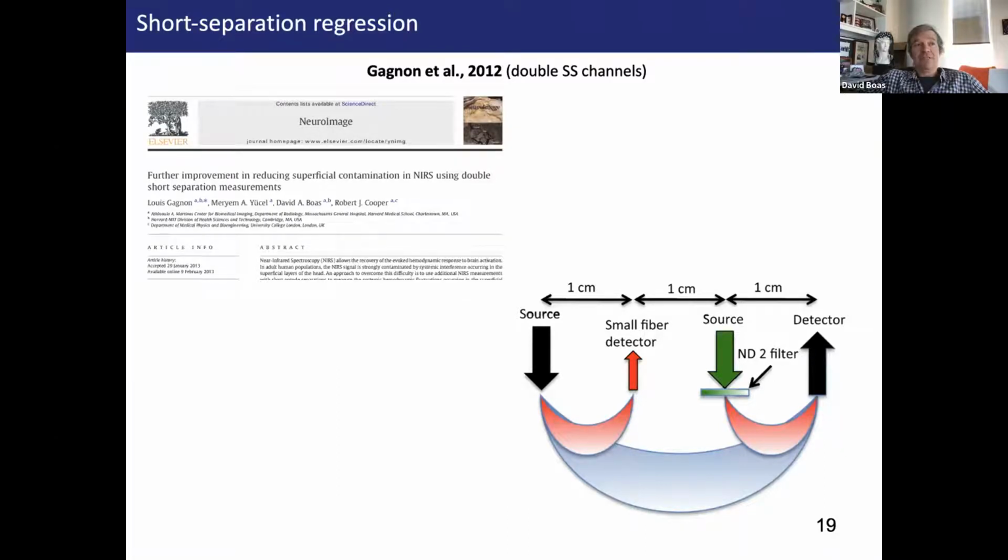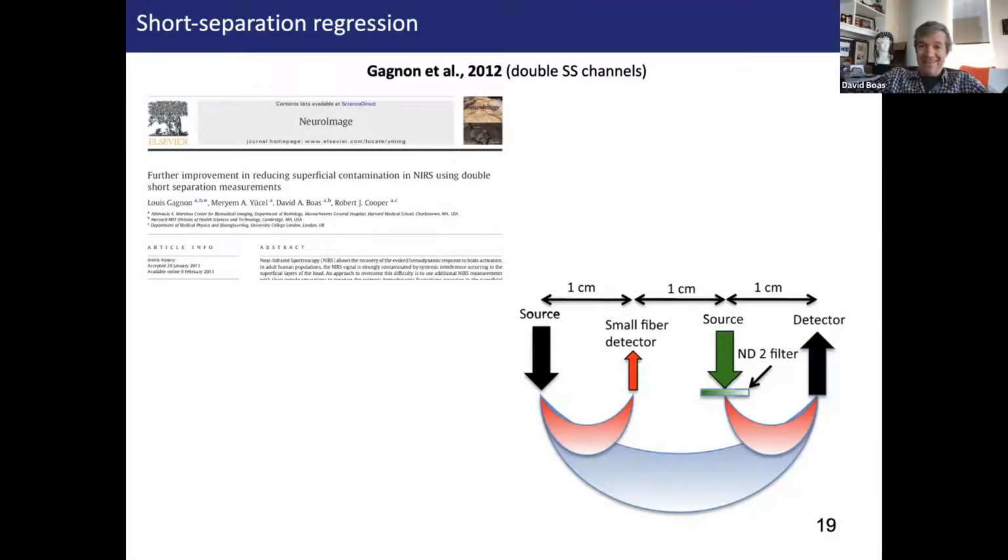But as we're moving to these dense arrays that cover a large area of the head, it's kind of difficult to get those channels in there. And so we've been finding that we don't actually have to add them. In our dense array, maybe we have an 18 millimeter channel, and we may have like 40 18 millimeter channels. So what we'll do in that case is take the average of all of those 18 millimeter channels, and that seems to be working very well, right?